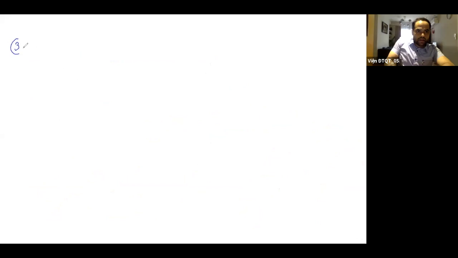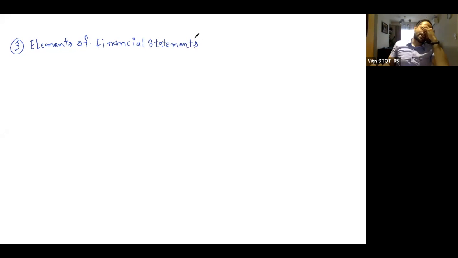So number 3 about elements of financial statement. So here elements of financial statement means when we are preparing financial statement, this information must be available in financial statement.